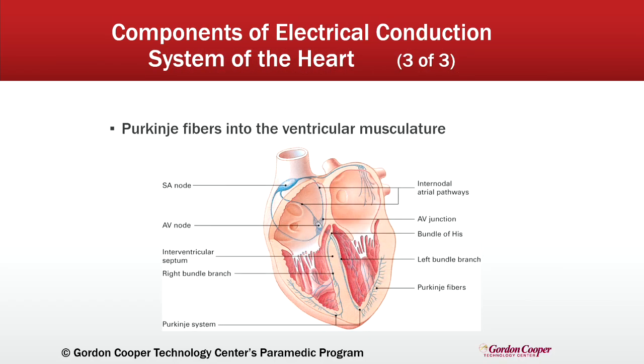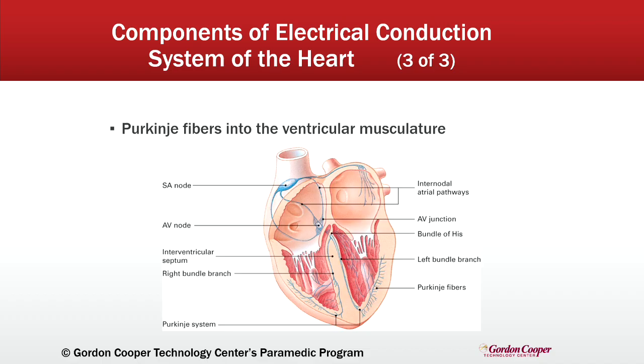Now, after that impulse moves through the bundle branches, it reaches the Purkinje fibers, which spread throughout the ventricles. So remember, these fibers are responsible for distributing the electrical signal quickly to the ventricular muscles, and that ensures that the ventricles contract effectively and pump blood to the lungs and to the rest of the body.